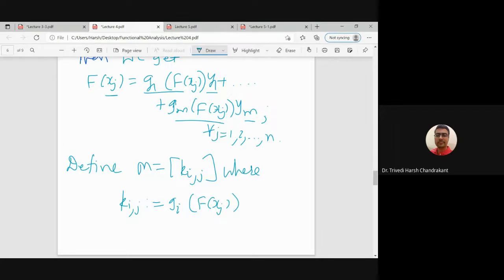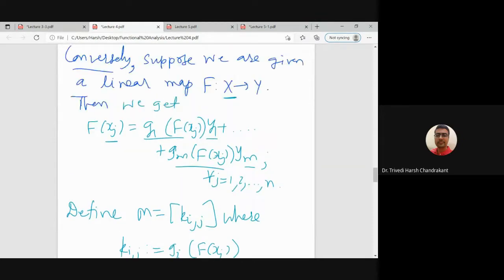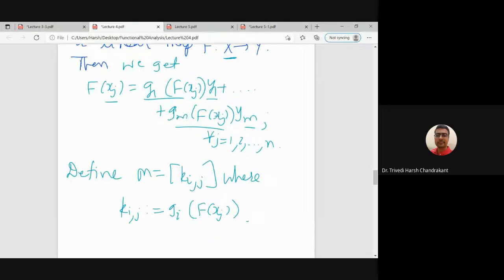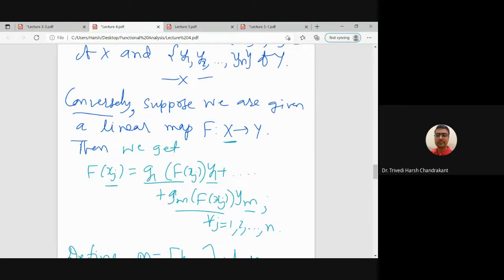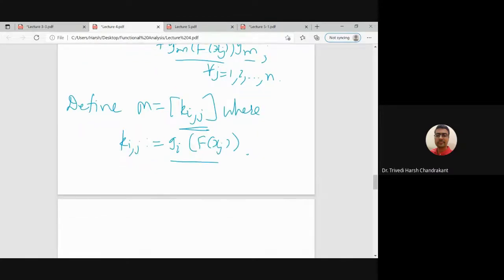So now we have defined the matrix corresponding to the coordinates of f(xj). The only thing we need to do now is relate the linear map with these coordinates, basically with kij. For that, again we use the decomposition of x.